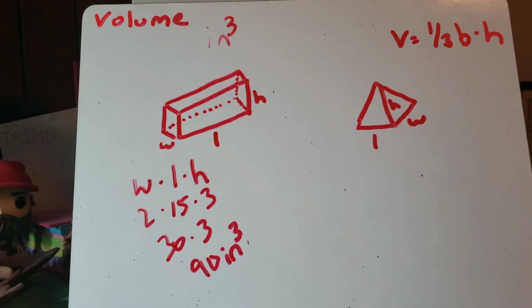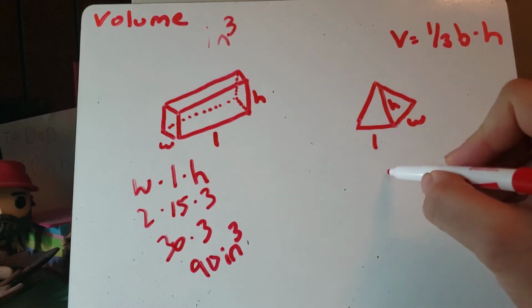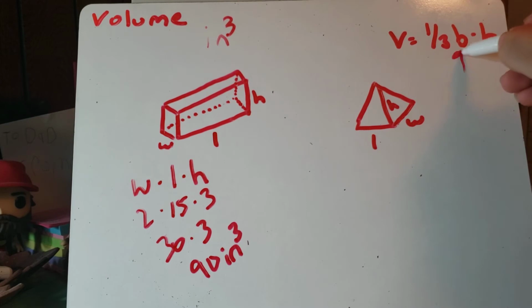Now for cones and pyramids, you need to know a few things, okay? The first thing you need to know is a way to calculate the area of the base. Now in this pyramid, we have a square. So the area of a square, remember, is just length times width. So that's the area of the base, right?